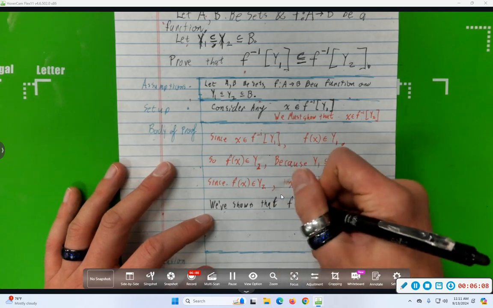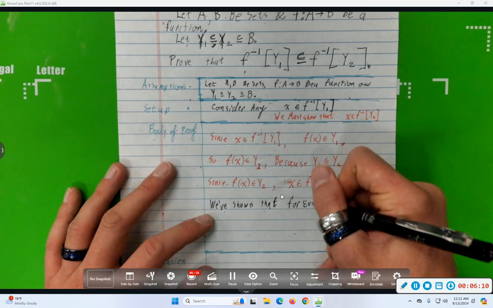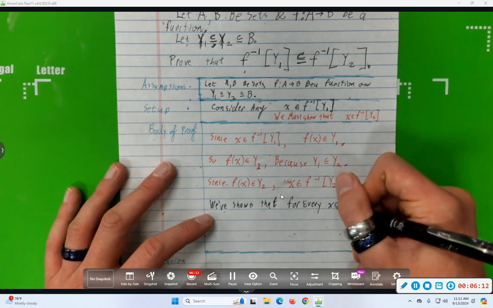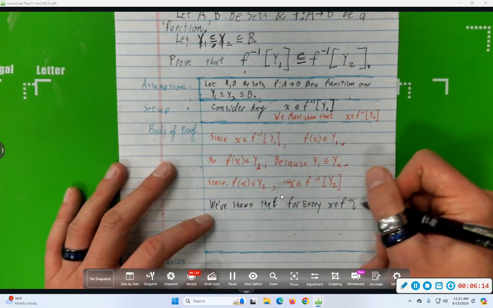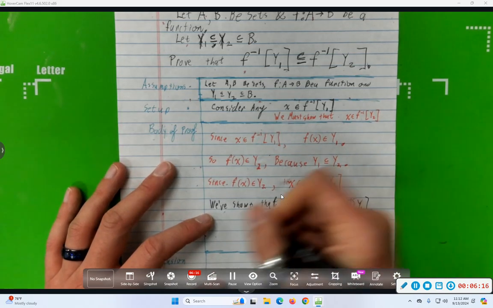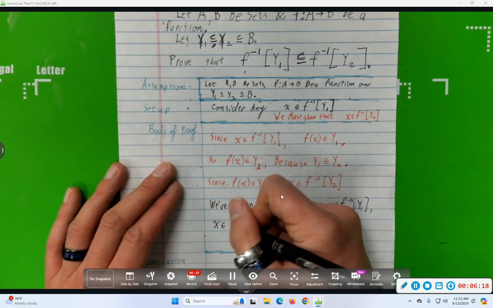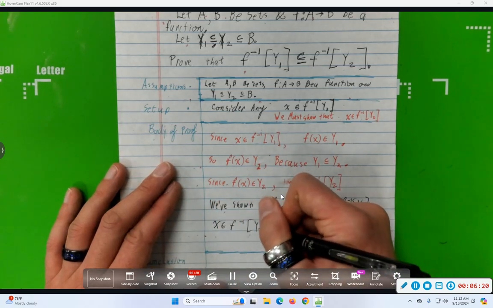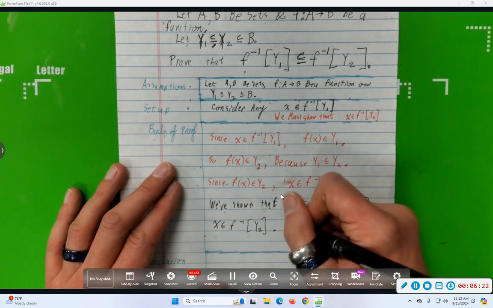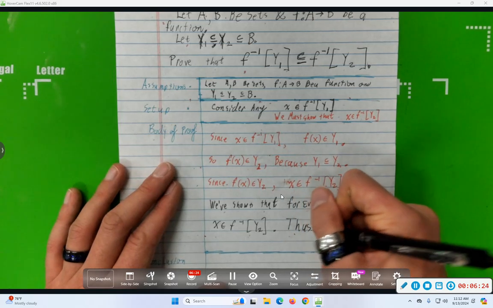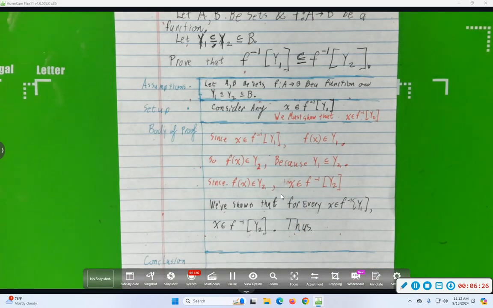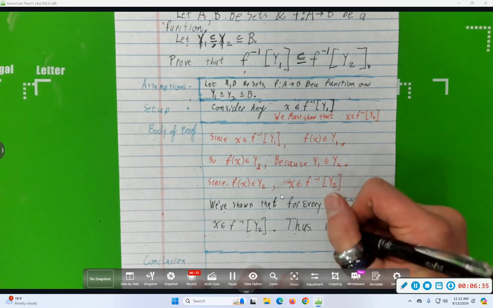Yes, I like that a lot. And let's have a really strong conclusion. You better conclude the thing that the theorem says is true. Thus, the preimage of y1 is a subset of the preimage of y2.